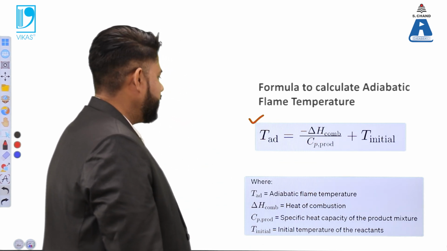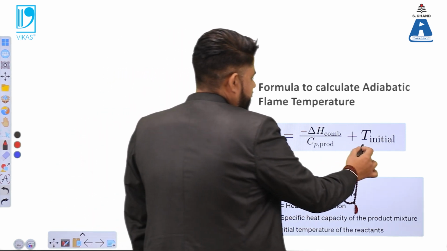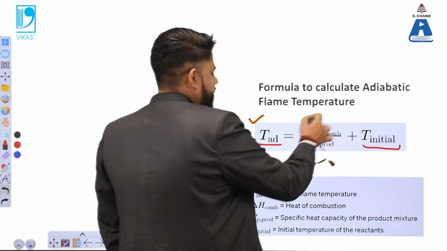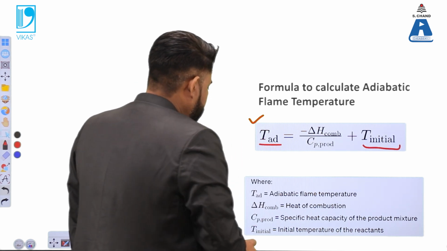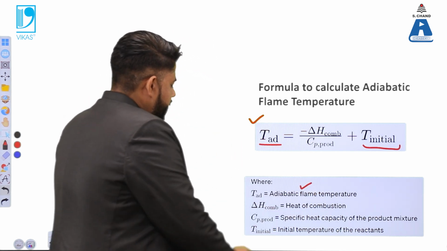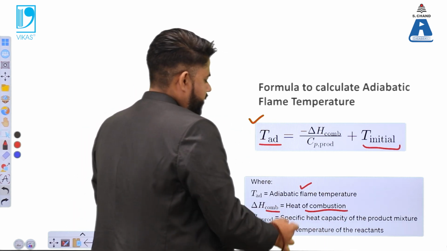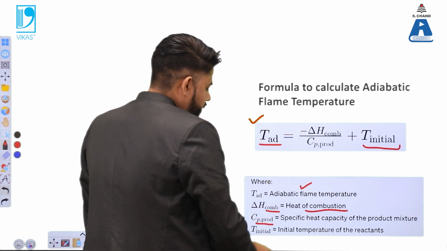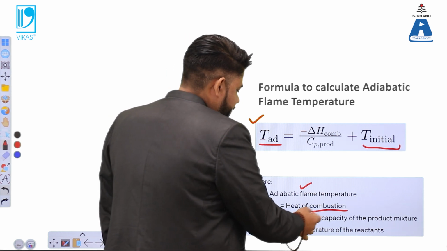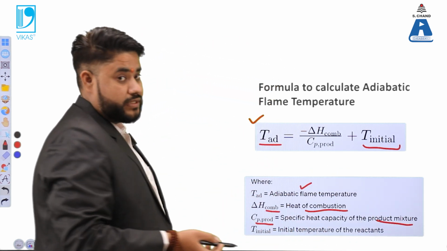Here T_ad represents the adiabatic flame temperature, ΔH_comb represents the heat of combustion, and Cp_prod represents the specific heat of the product mixture.